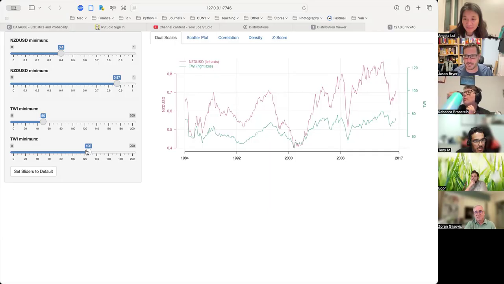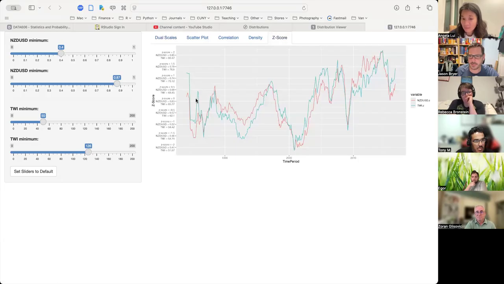I forgot I wrote this years ago, but I do remember it being a real challenge to make this plot work. I think I had to actually do scale translations and then manually add a second axis label. So, anyways, you shouldn't do it. But when you do the z-score, it's trivial, right? Because it's the same thing. And all I did is change the y labels to make them fit.